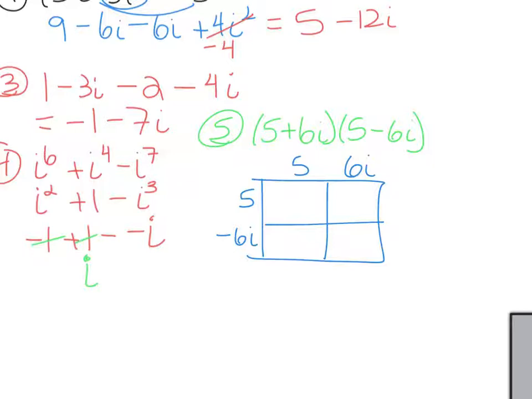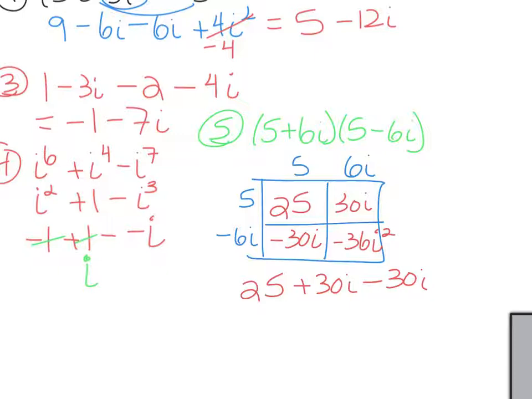So I'm going to multiply 5 times 5, 5 times 6i, -6i times 5, and -6i times 6i. So then that becomes 25 plus 30i minus 30i, and I'm going to do plus 36 because of the i squared.